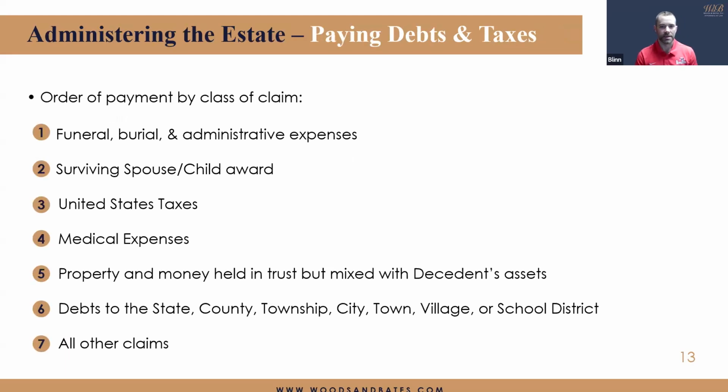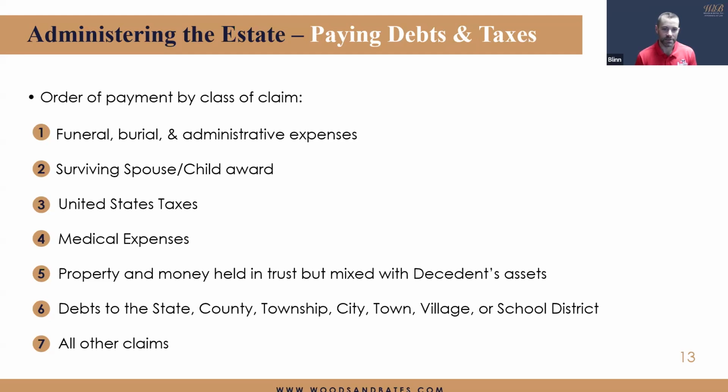Sometimes in an estate, we get to the point where we know what all the claims against the estate are, we know what all the debts are, we know what the assets are, we know what's due, and what's there is not enough to pay what's due. If there are not enough assets to pay the debts, those claims or debts get classified according to statute depending upon class.